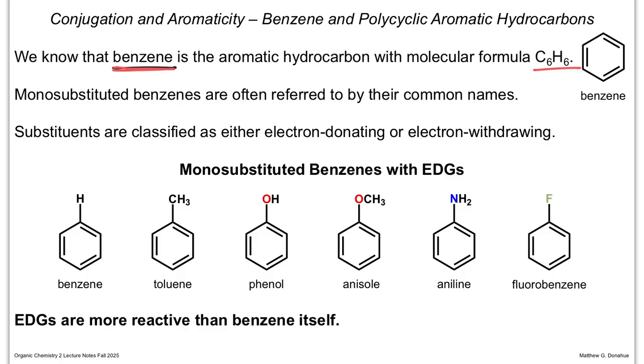And what we'll go over in the next couple of slides are monosubstituted benzenes. We've taken one hydrogen and replaced it with something else. This gives us a library of monosubstituted benzenes, and then we're going to learn reactions that make them.